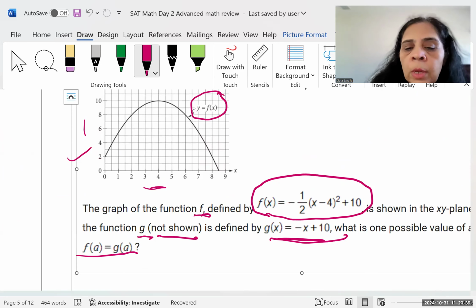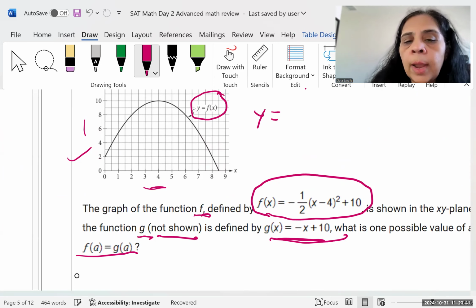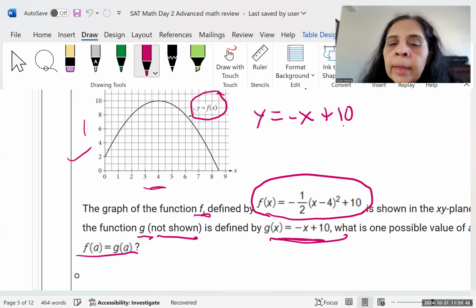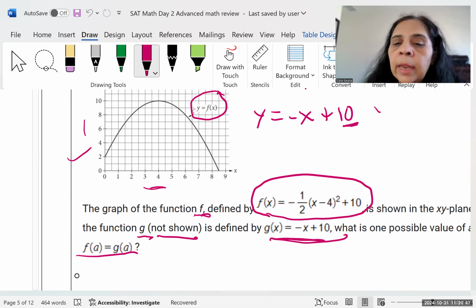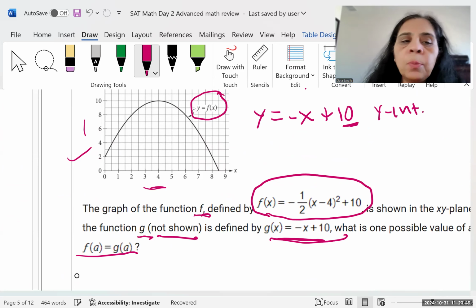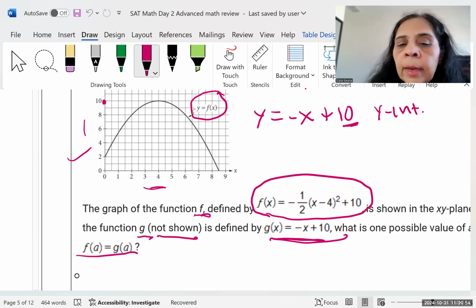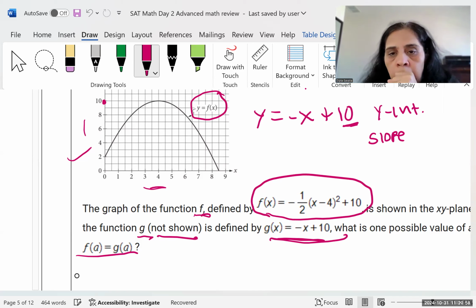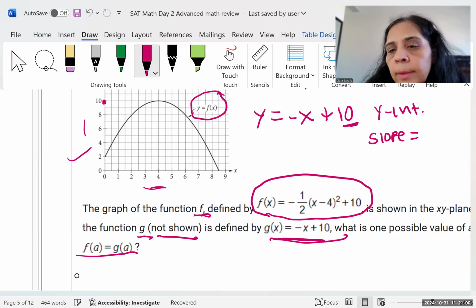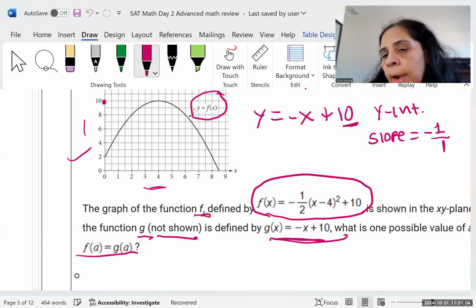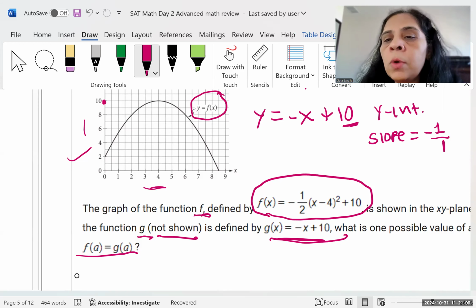All right. We know how to draw the graph of y equals negative x plus 10. I can say y-intercept is 10. That is step 1. So I will look at positive 10 here. And what is the slope here? Slope is negative 1. So we can write it as a fraction, negative 1 over 1.